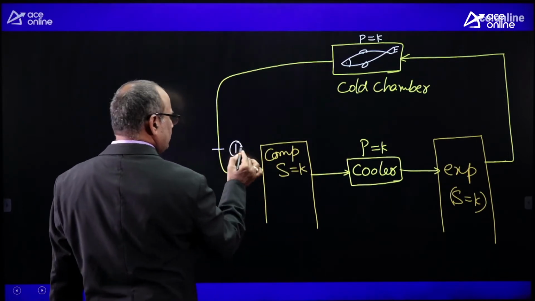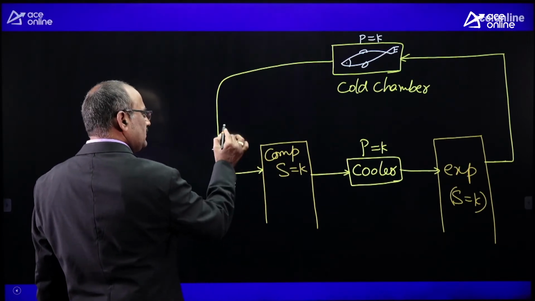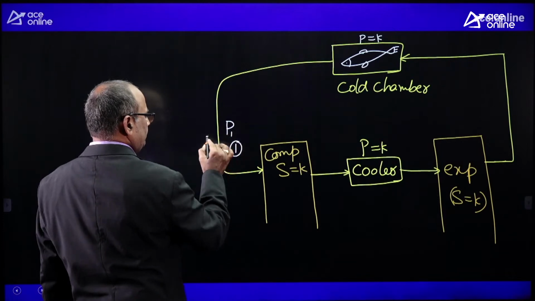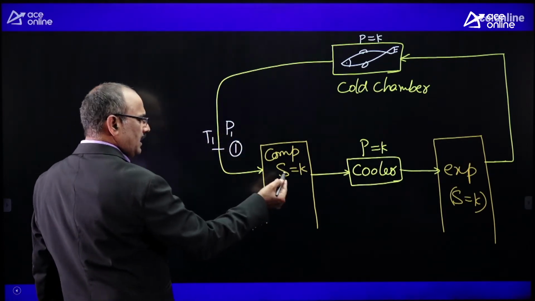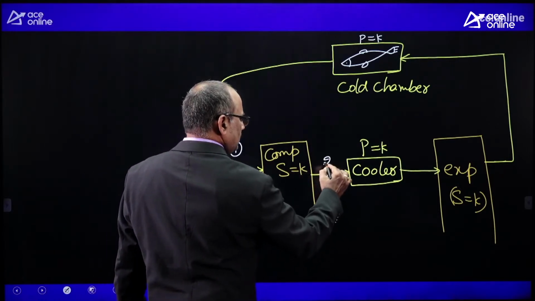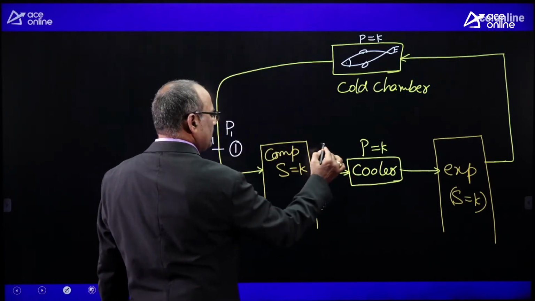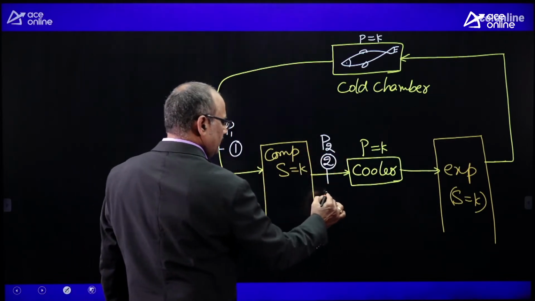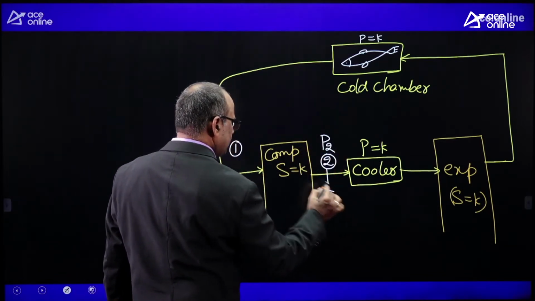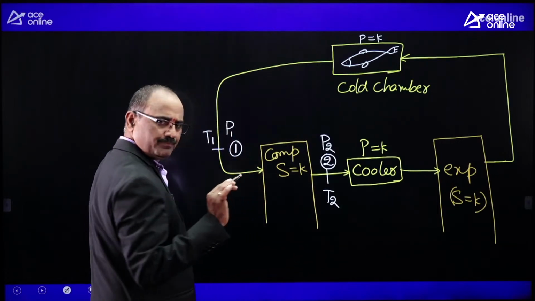At the beginning of the compression is 1, where the pressure of the refrigerant is P1 and the temperature of the refrigerant is T1. Because of the compression, the pressure of the refrigerant is increasing from P1 to P2. By that time, the temperature of the refrigerant is increasing from T1 to T2.